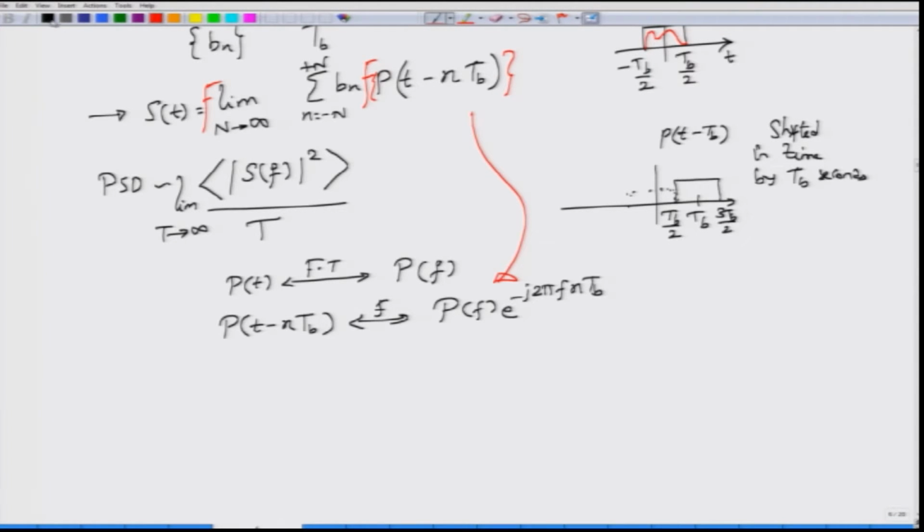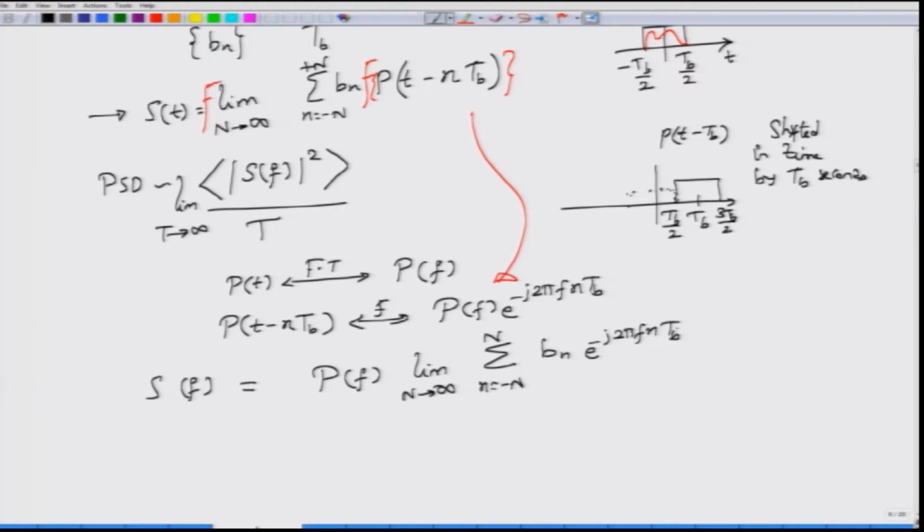So, if I take the Fourier transform, what I get is S(f) equal to P(f), and this does not depend on the time slot, so I can just pull it out. You have the limit N going to infinity, summation n going from -N to +N, B_n, and then e to the power minus j 2 pi f nTB.